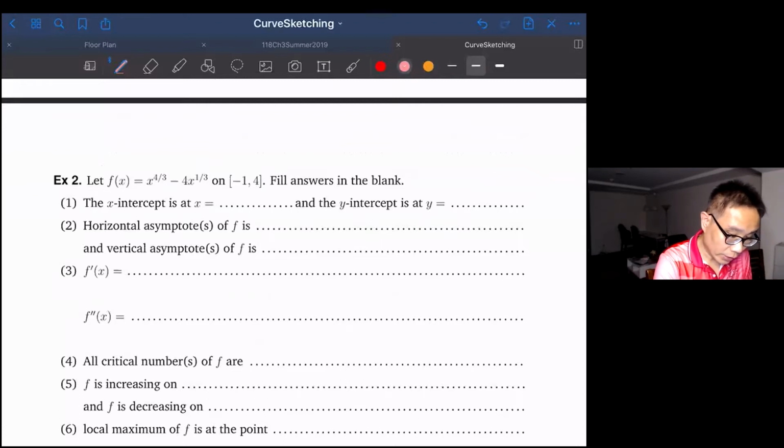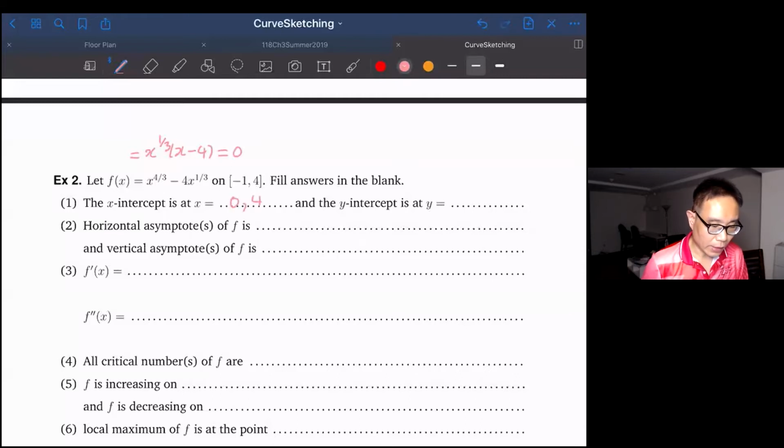So you see that this guy, you have x to the 1/3 and you have x minus 4. Okay, so you will get the x-intercept by setting this guy equal to 0, and you're gonna solve for x, so x is gonna be 0 and 4. And for the y-intercept, you plug in, so it's gonna be f of 0 equal to 0.